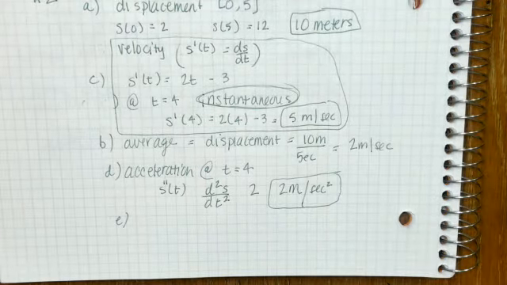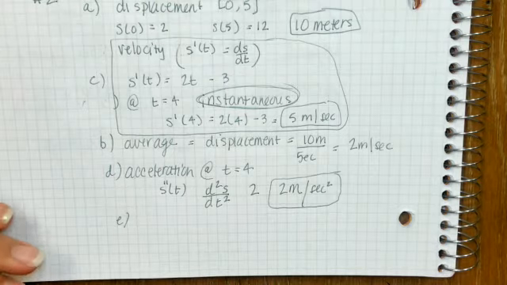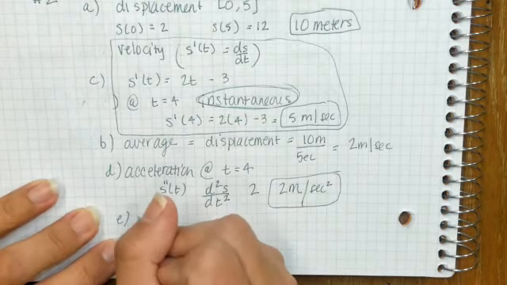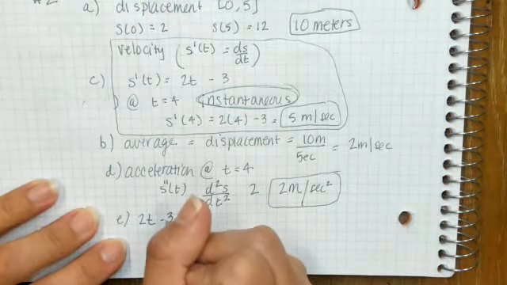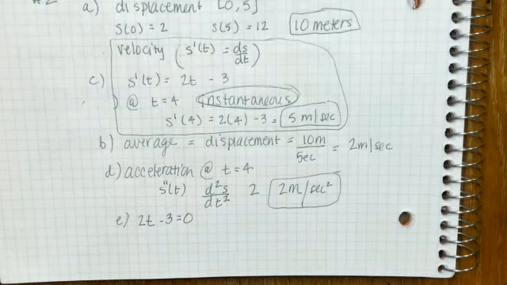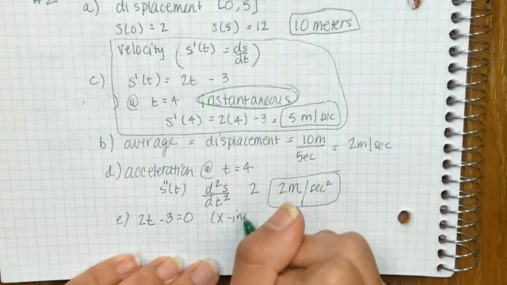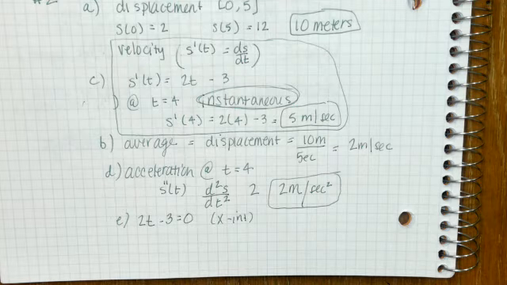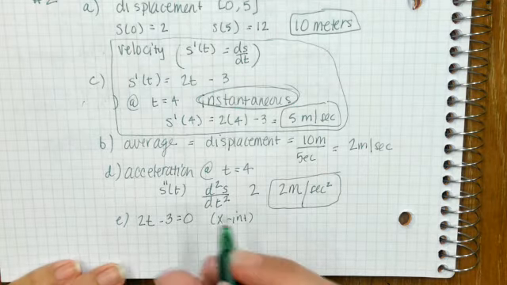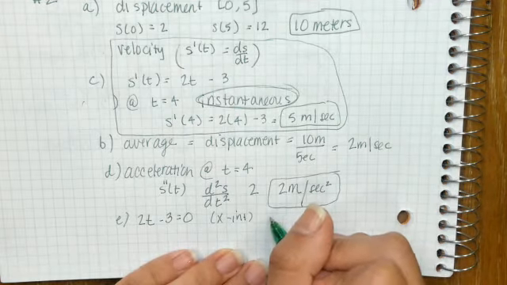How about when the velocity is 0? So the x-intercept. How about 3/2?